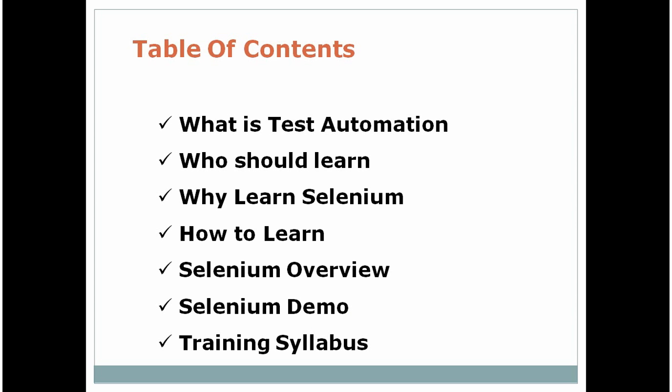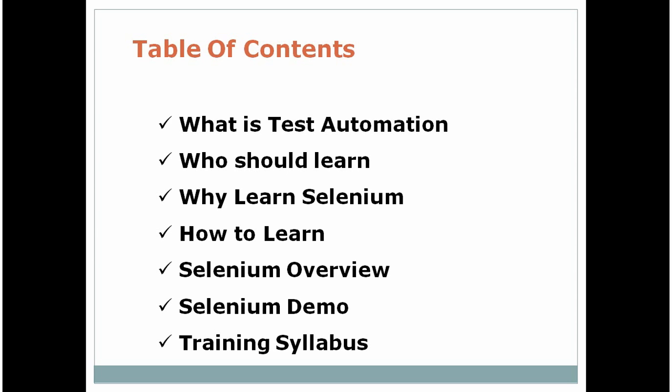This slide talks about the table of contents. So basically, in the next few minutes I will be talking about these topics. The first thing is, what is test automation and why? Who should learn it? Why learn Selenium, because there are multiple tools in the market? Why should I learn Selenium? How to learn? It talks about the different learning methodologies available.